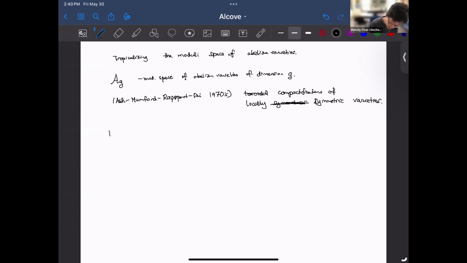So now it's time for me to define the tropical moduli space of abelian varieties. So fix a number g. And we'll start with something that we all agree, I think, is important and central. It's the cone of positive definite matrices, symmetric g by g.